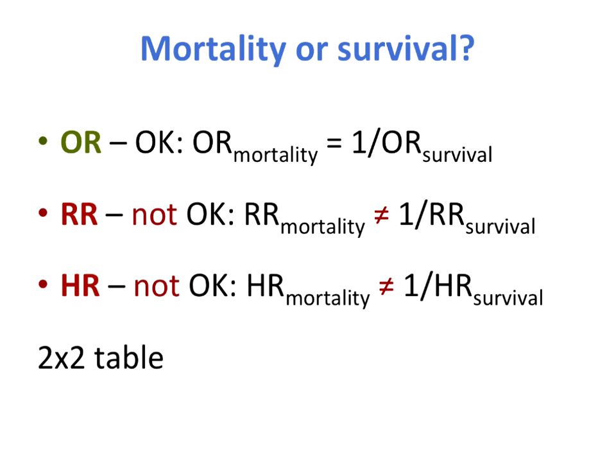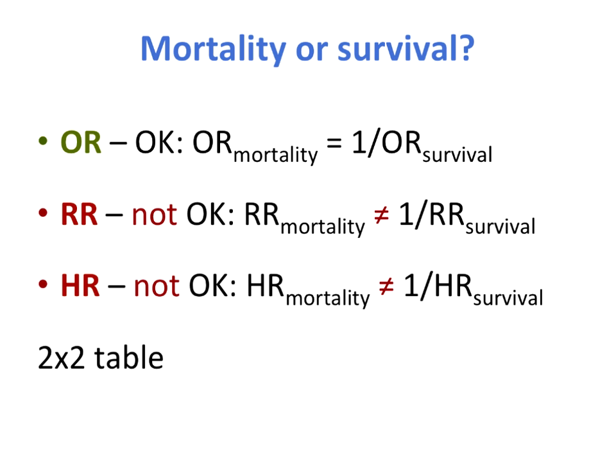There is a longer answer, but the short answer is it depends on what is the measure of the effect. If the measure of the effect is an odds ratio, that's okay, because the odds ratio of mortality is actually equal to 1 over the odds ratio of survival. In other words, one can flip the odds ratio of mortality and actually have the odds ratio of survival. This is not possible if the effect measure is a relative risk, because the underlying maths is different.